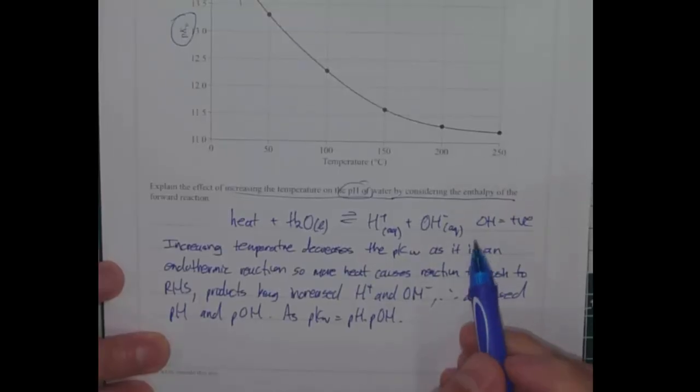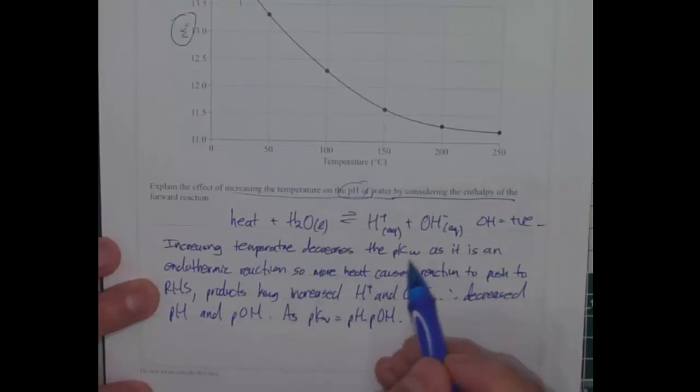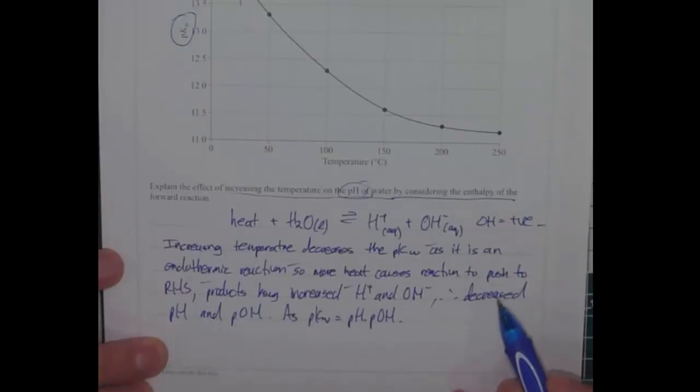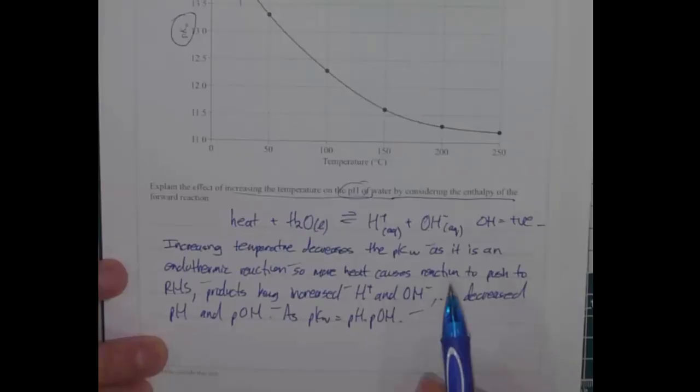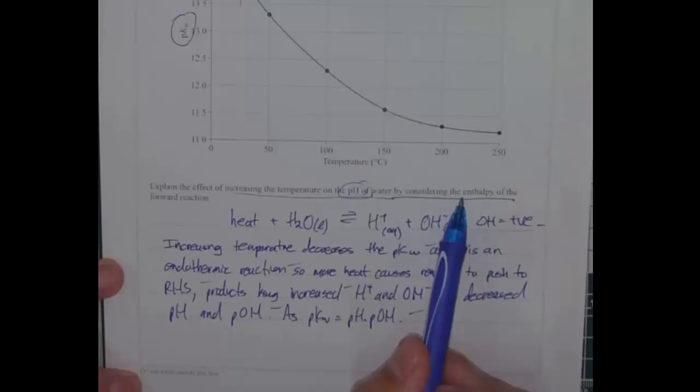Okay, that's 1, 2, 3, 4, 5, 6, 7. I need 8 things. Explain the effect of increasing temperature on the pH.